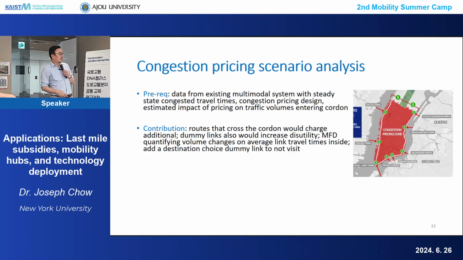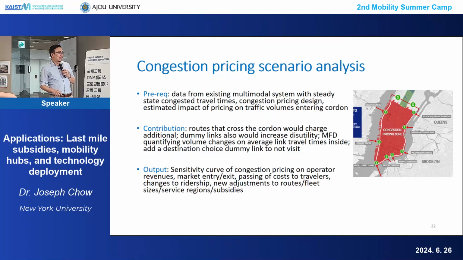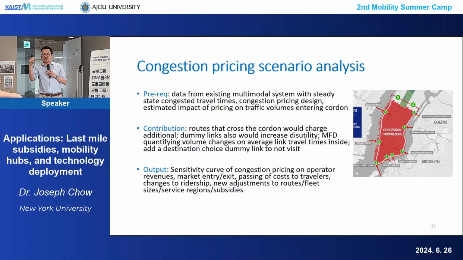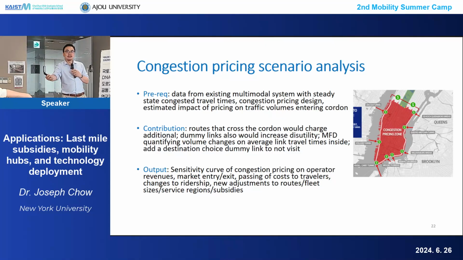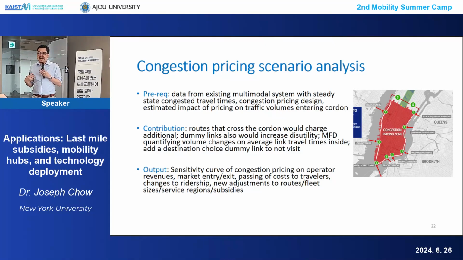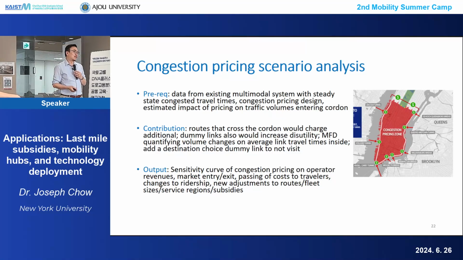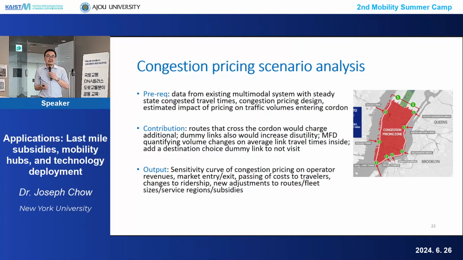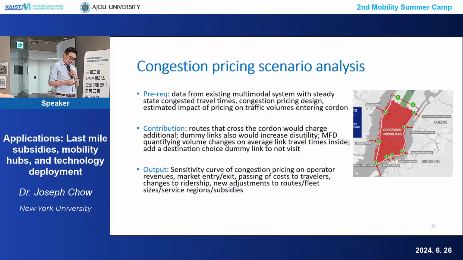From that we can perhaps help quantify the impacts of a certain congestion pricing plan on the usage of other modes in and out of the system. This is a little bit more abstract, but I thought it's something we can throw out at people if they're interested.